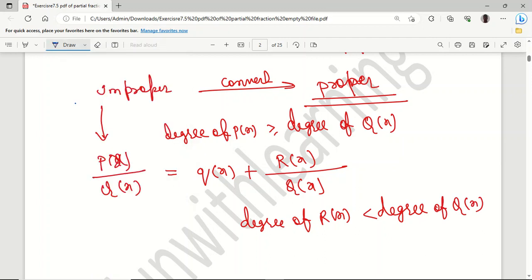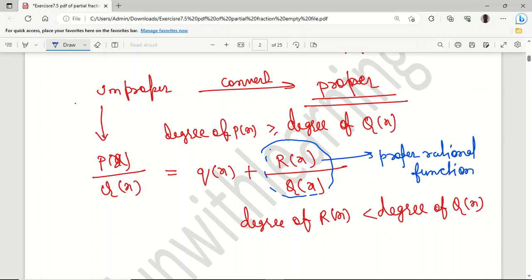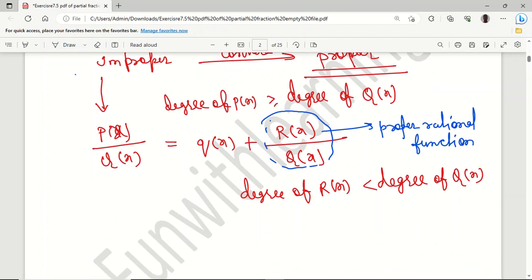Again, this portion has become a proper rational function, since the degree of the numerator polynomial is smaller than the degree of the denominator polynomial. This is the way we convert an improper rational function into a proper rational function.